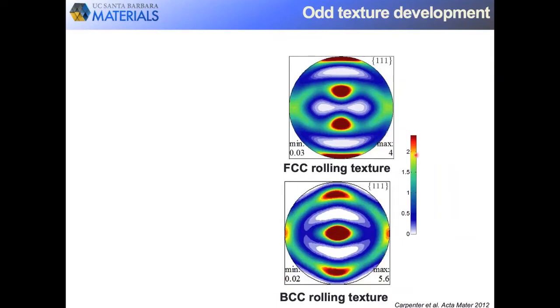Also, we analyze the texture development. So again, here I'm plotting the measurements for a typical FCC. In this case was copper, in this case was niobium, but we found that these textures that we get when we just roll the material, this is coarse grain material, just showing you this as a reference, are the textures we would expect from a material that's copper, high stacking fault energy, also a typical texture we would get from a refractory BCC material.